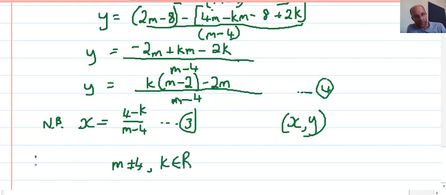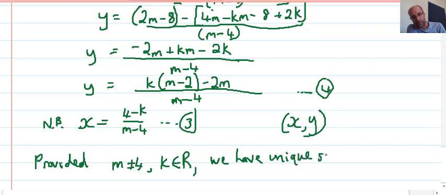provided that, we will have a unique solution for x and y. So there are all the possible values that could lead to a unique solution.